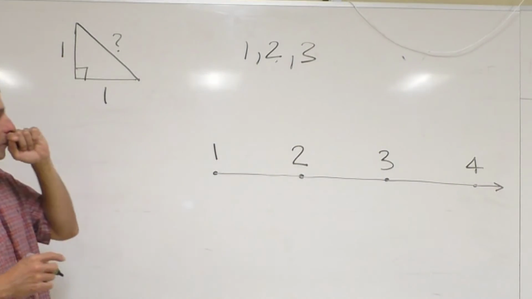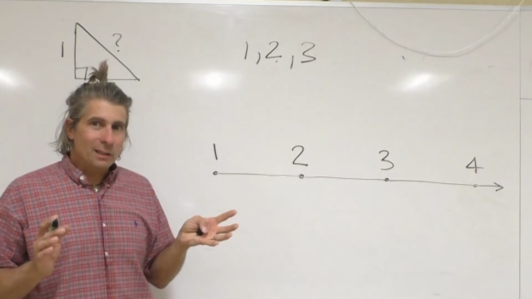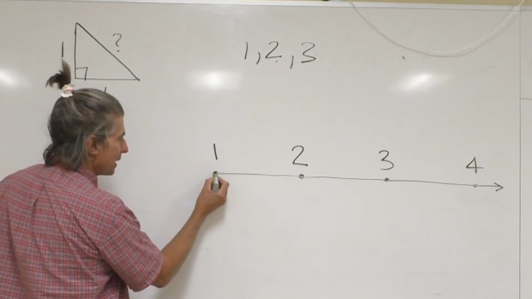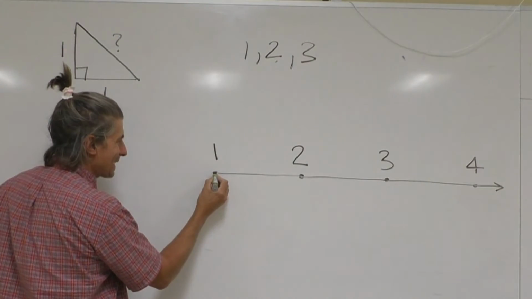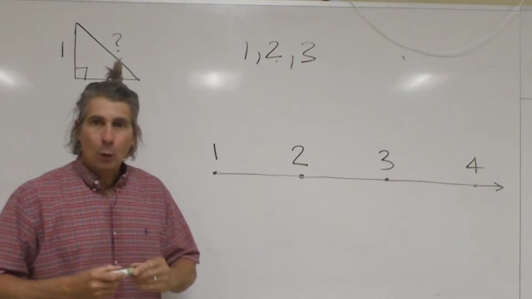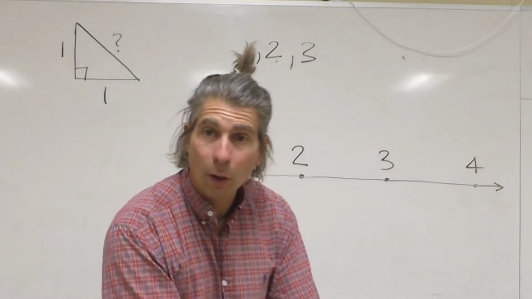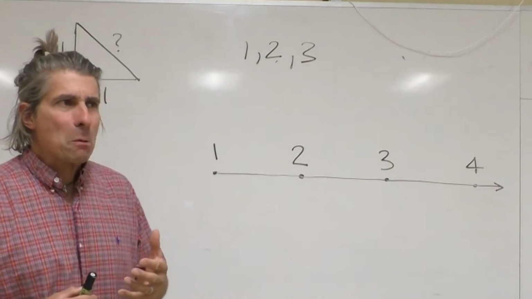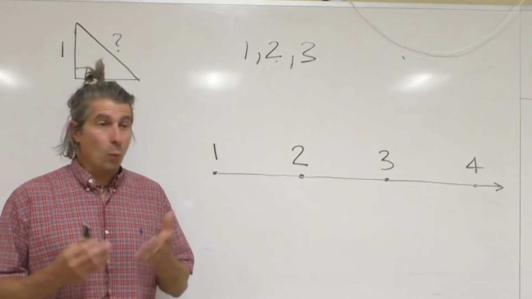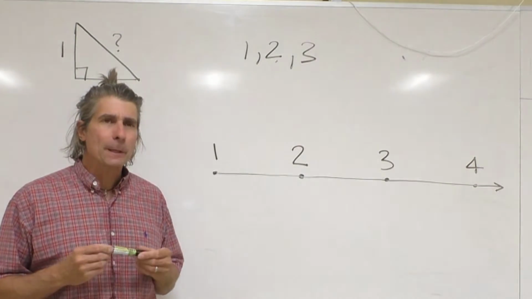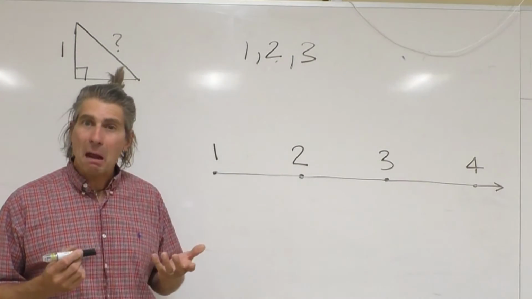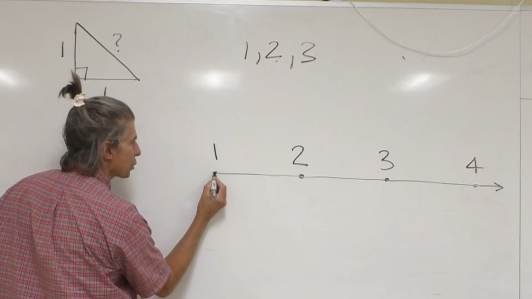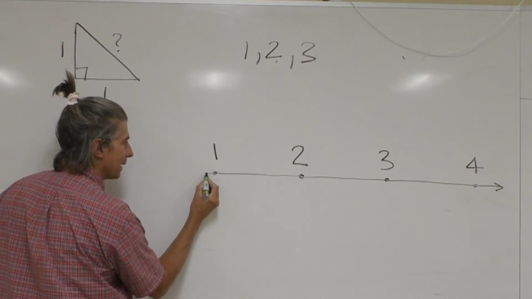Then it wasn't very long until people began to realize, wait a minute, 1 makes sense for things like 1 table or 1 shirt, but how about $1, or one of any other unit you want to measure? You can have smaller pieces of that. And then they realized that you can creep backwards from 1.